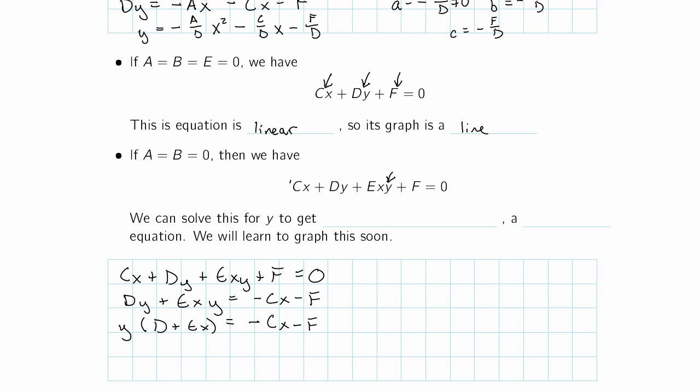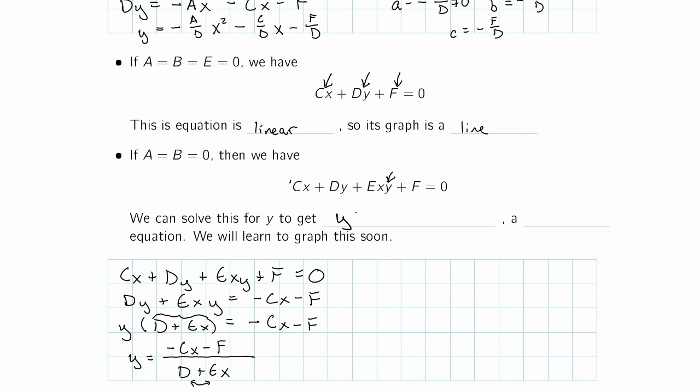Dividing both sides by whatever this thing is, which will not be 0 for most values of x, we get y equals the fraction negative cx minus f over d plus ex. I'm going to switch these two terms around just so I have an x term first in both places.